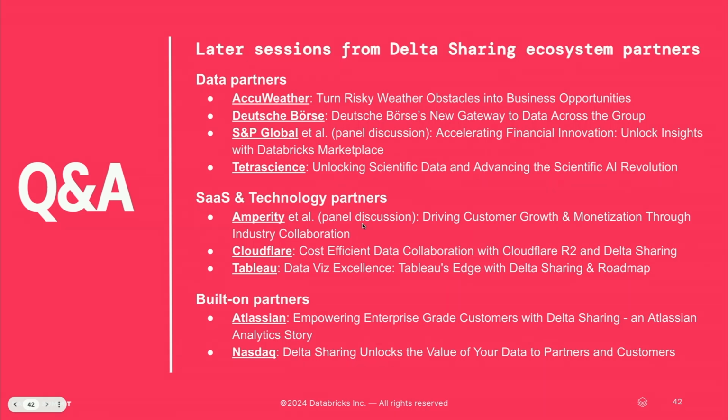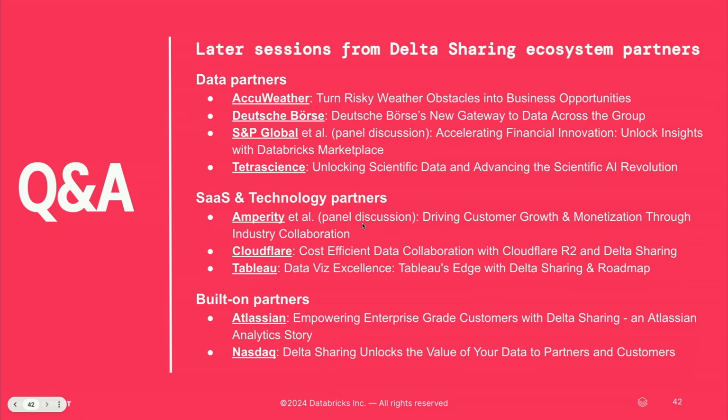I also wanted to do a quick plug of some future talks related to the data sharing ecosystem. For example, we have a couple of talks from our data partners like AccuWeather and S&P. They will talk about their experience sharing data to, not Databricks, right, data sharing recipients. And then we also have some other SaaS and technology partners.